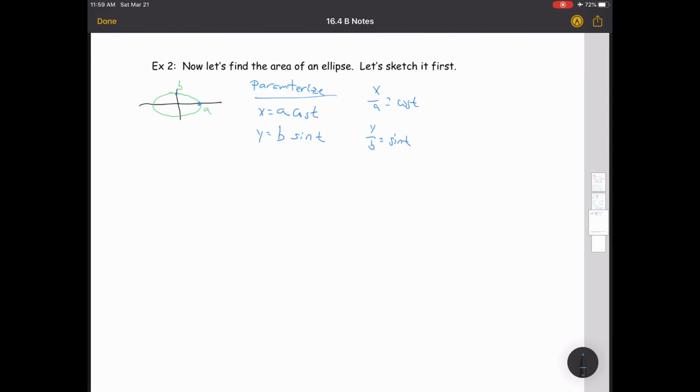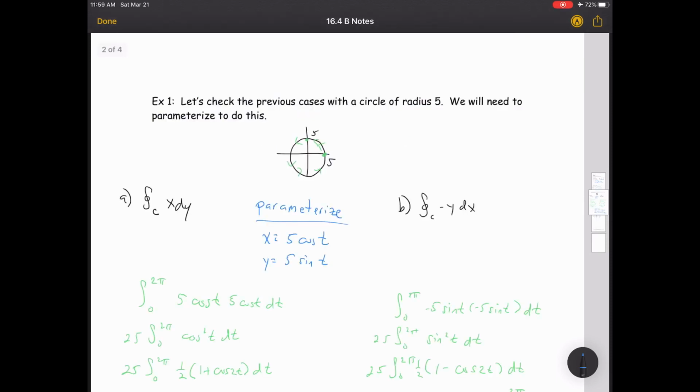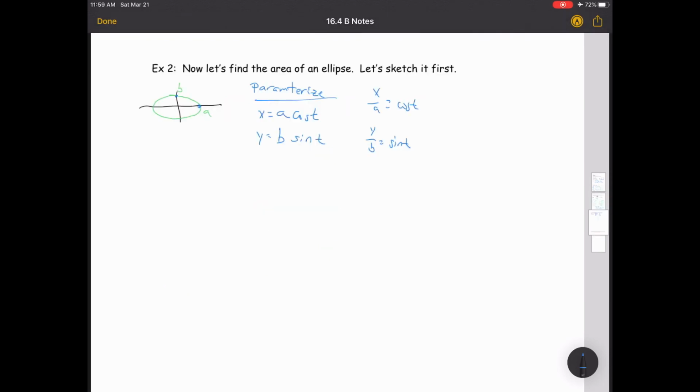And then if I were to square both sides of each one of those equations, what you would end up with is x squared over a squared for the left one, and then y squared over b squared for the second one.